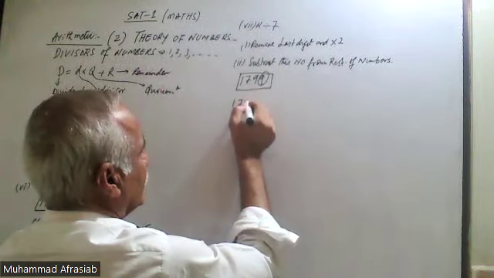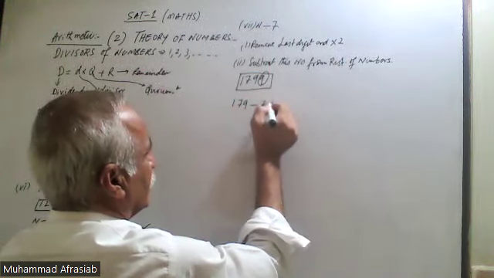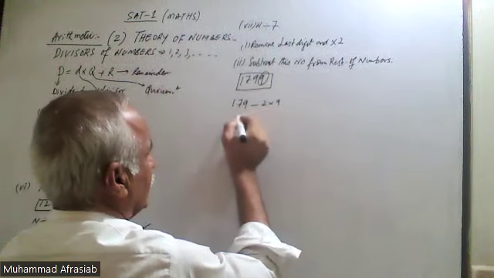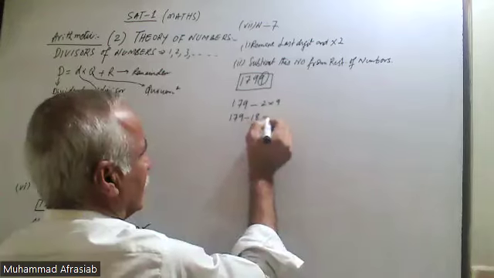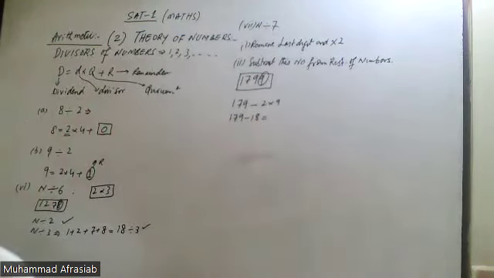That means 179 minus 2 into 9, that is 179 minus 18, and that is equal to 161.